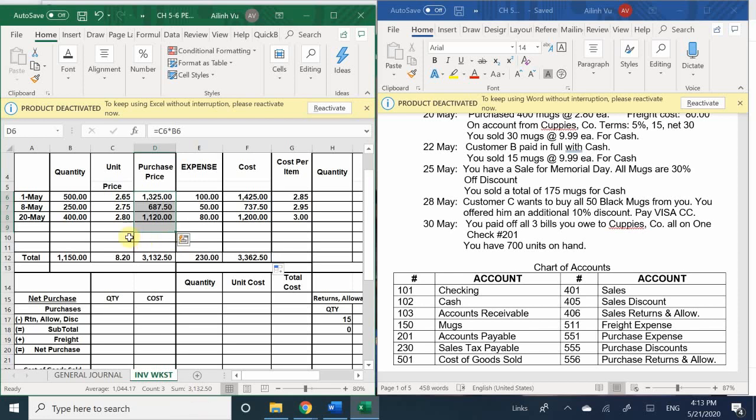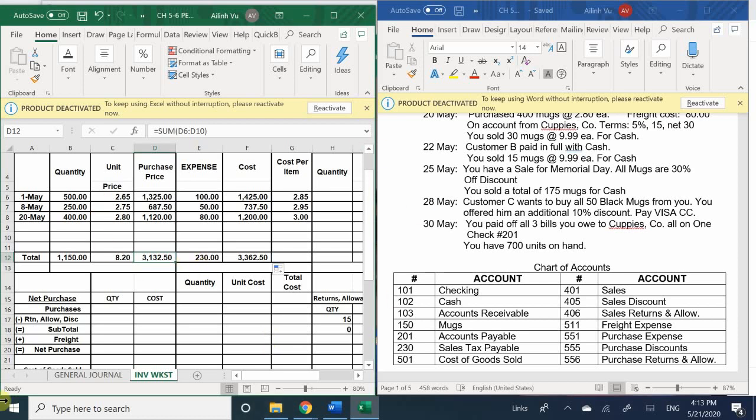You can also highlight this, and at the top, you should see auto sum. Click that, and it will enter the amount in this window. Or you can go equal plus every single one, but it's just easier to sum it.